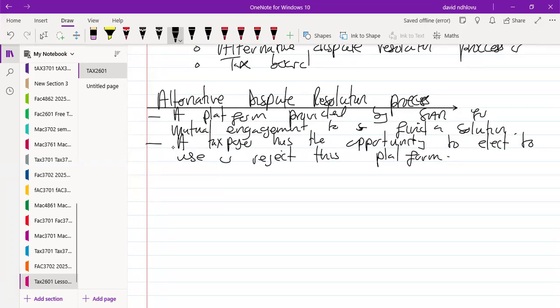So it's not enforced. It's a platform that is available where you can go and sit with someone and you can discuss the case and see if you can come to an agreement with SARS.